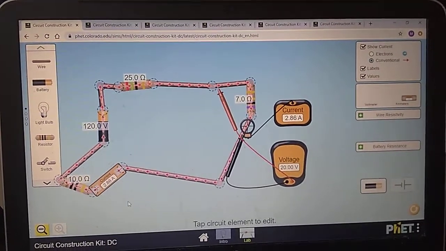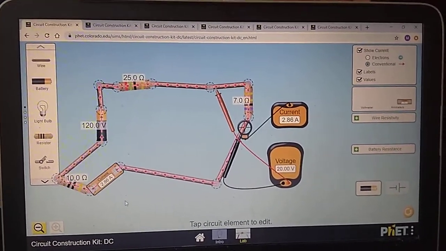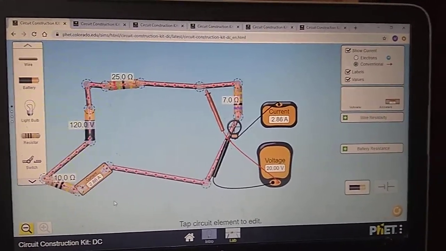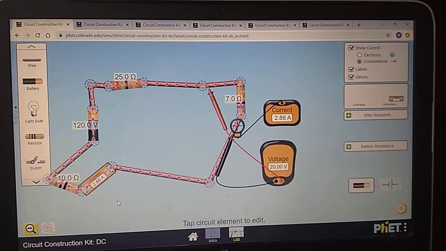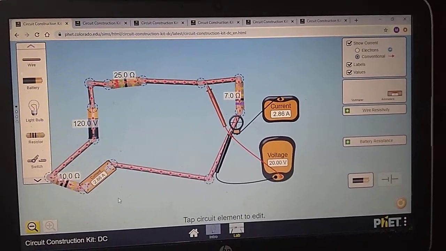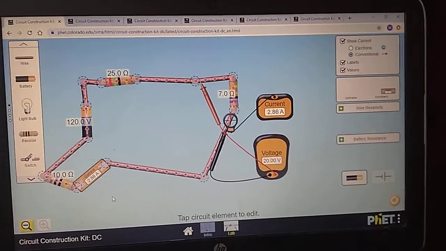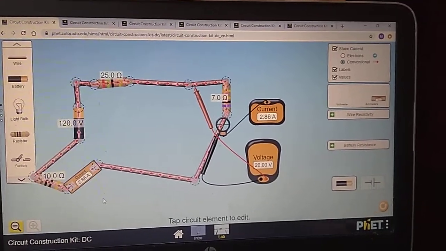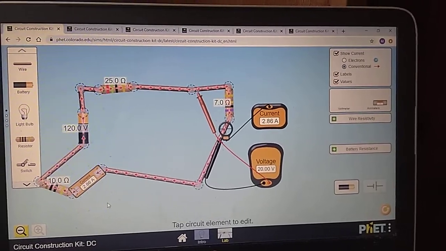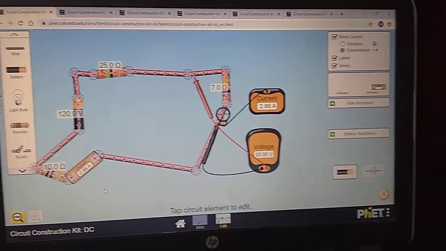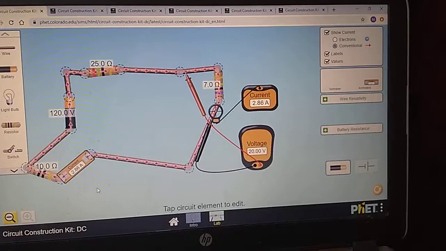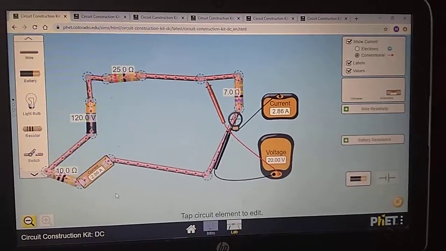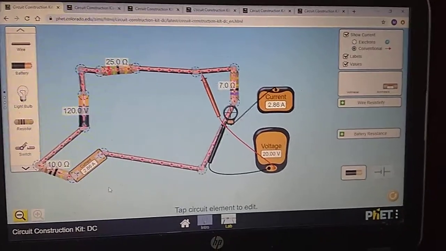But what I also want to point out is that if you think of the equivalent resistance as the overall resistance of the circuit, or if you were to replace all of these resistors with just one big resistor, you can use the equivalent resistance to relate to the total voltage drop for the circuit, in other words the voltage gain of the battery, and the current that flows through the entire circuit. Now, obviously, for a series circuit, that current is the same everywhere. But here's what I mean.